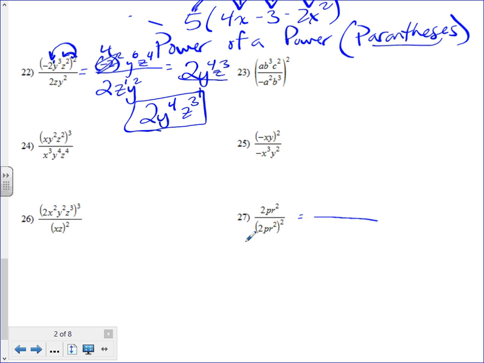It's on your paper too. 2pr to the 4, I mean 2. 2 squared, p squared, it's not negative, r to the 4th. So I distributed the 2 to everything.